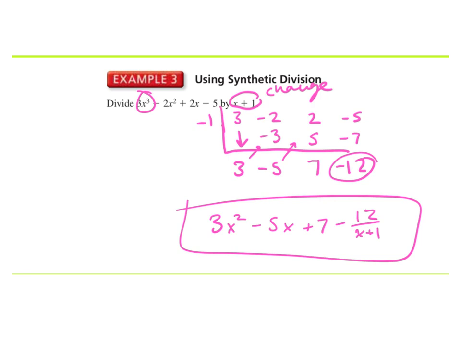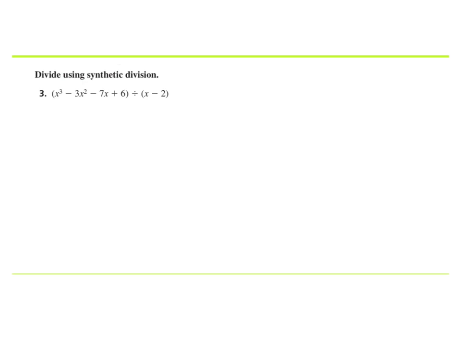Any questions? All right, next one. What goes inside of our box? 1, negative 3, negative 7, and 6. What goes outside? 2. Remember, we got to change the sign, so 2. So we drop down the 1.